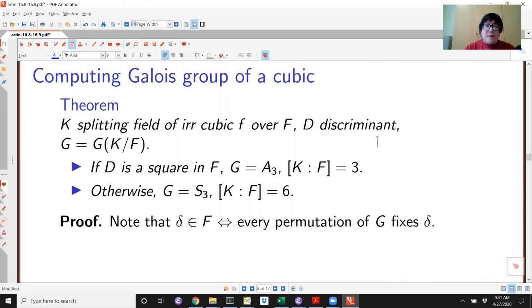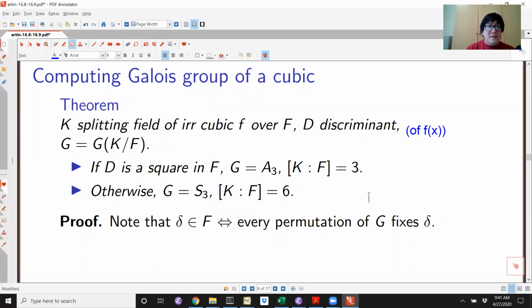So again, let K be the splitting field of an irreducible cubic f over F, let D be the discriminant of f, and let G be the corresponding Galois group.